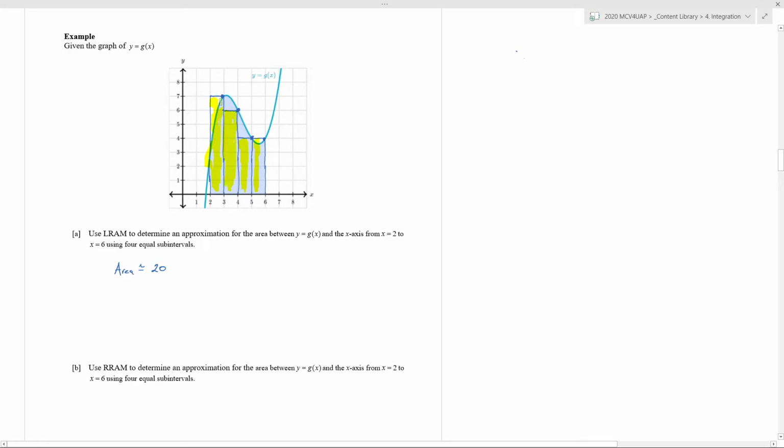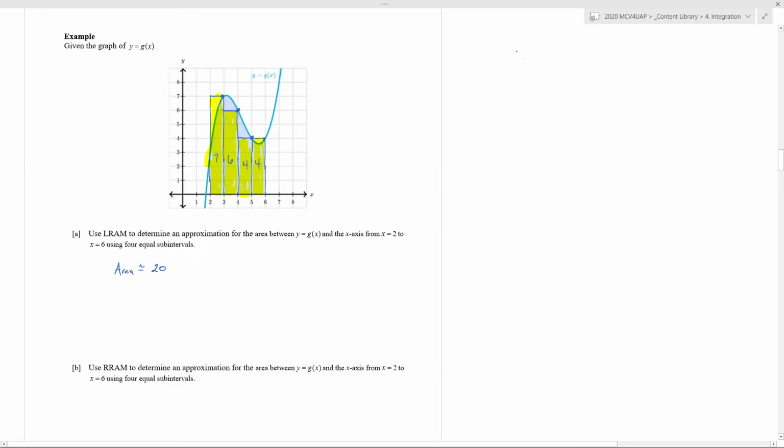So to approximate that area, it's nice that the grid is there. But if the grid wasn't there, I'd just be multiplying the width by the height of each rectangle. So first one, 1, 2, 3, 4, 5, 6, 7. 1, 2, 3, 4, 5, 6. 1, 2, 3, 4, and 4.